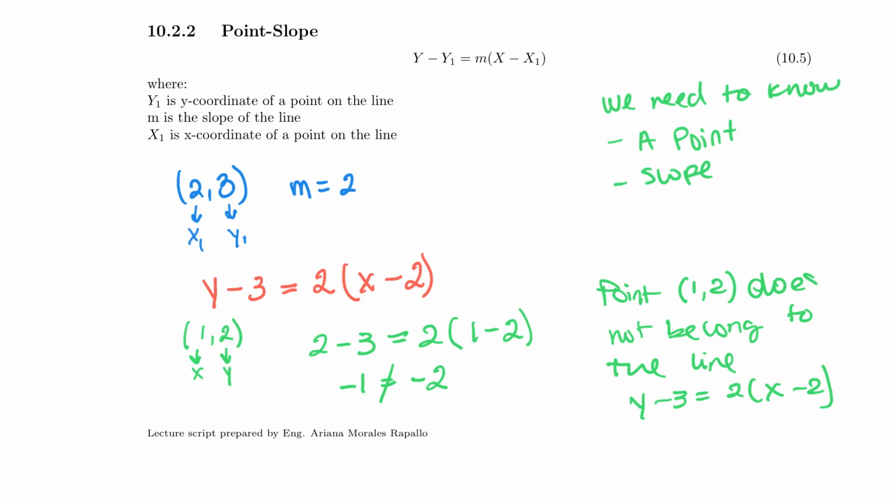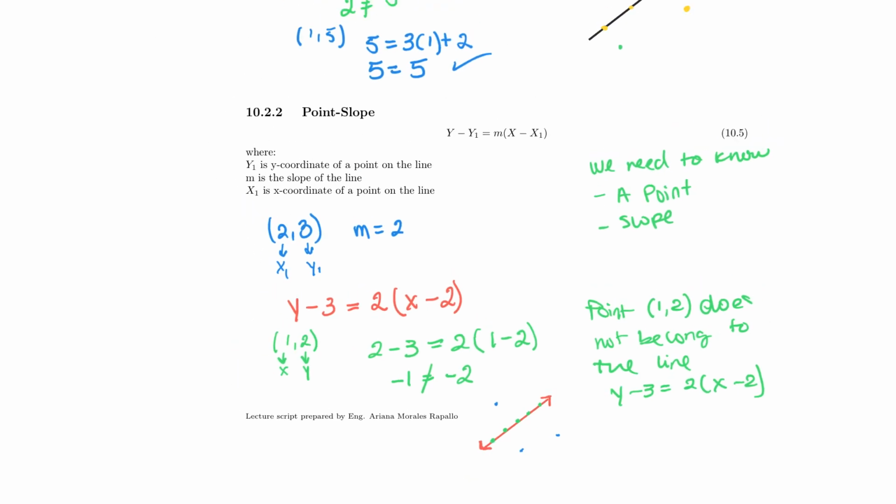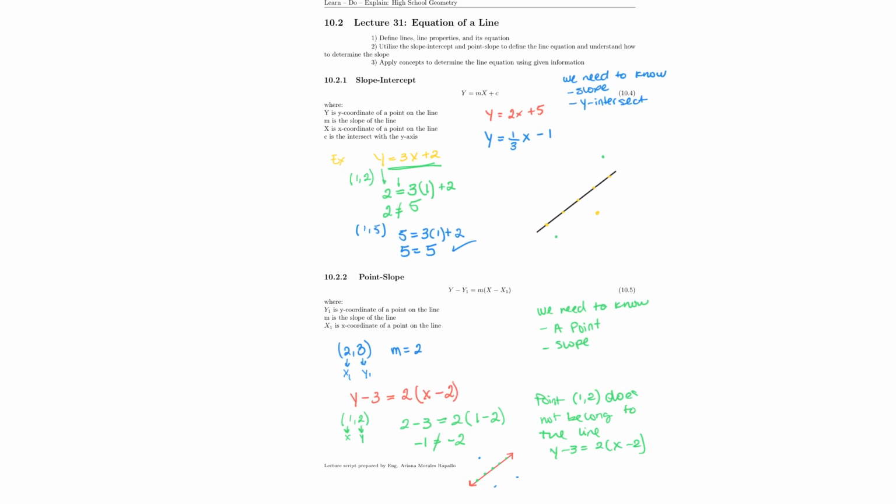We have a line and points that belong to the line are the points on top of this line, the points that form the actual line, and points that do not belong to the line are outside. They are not part of this line. Okay, again, remember that a line is infinite, so it grows infinitely in both directions. Okay, so let's keep moving to the next part of this lecture.